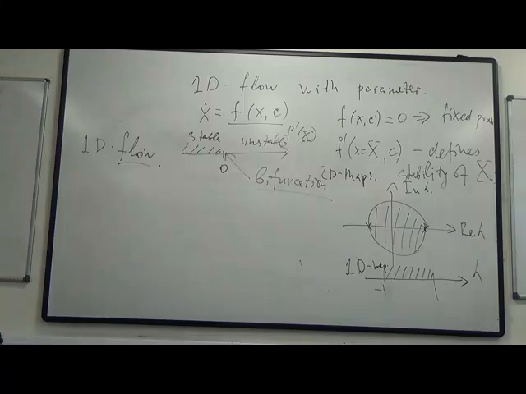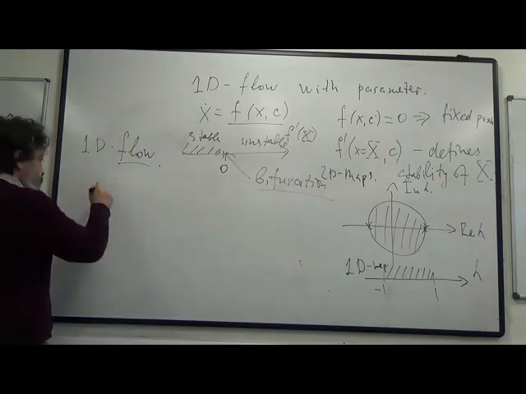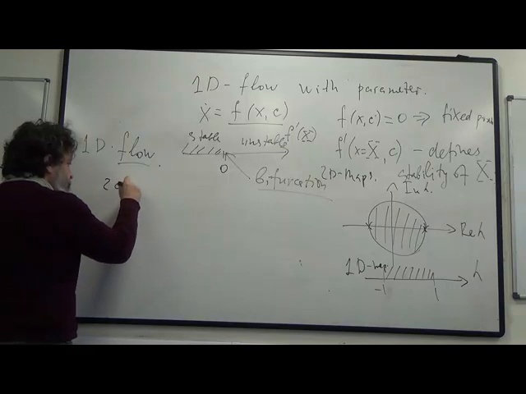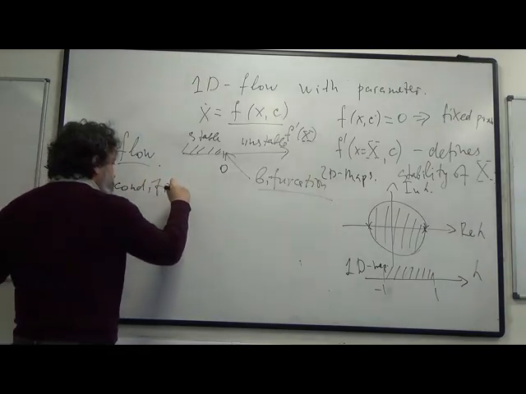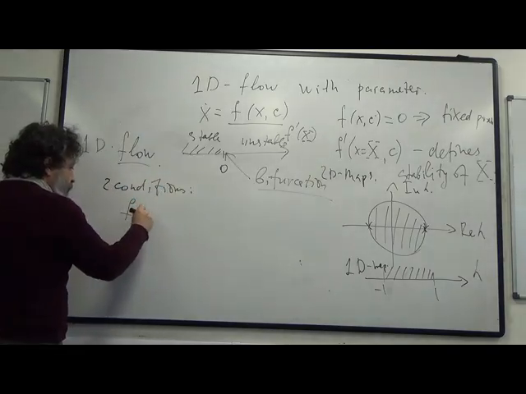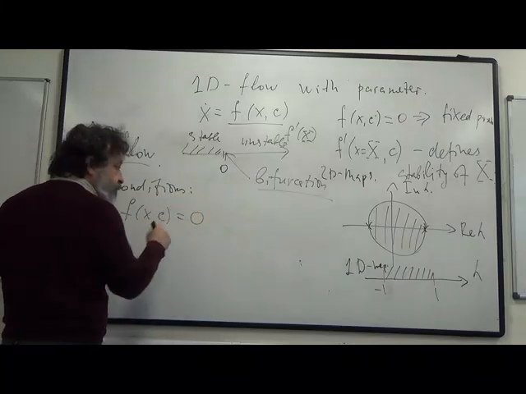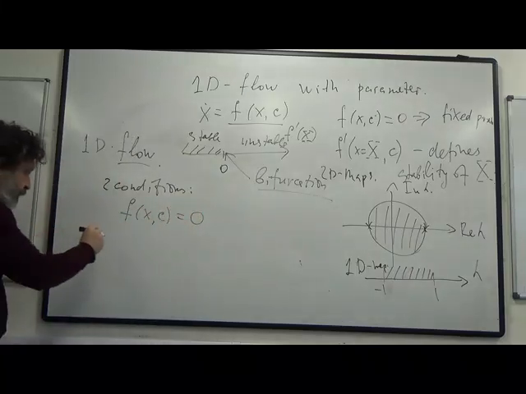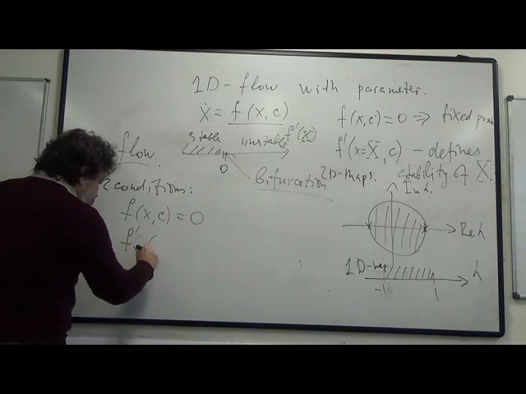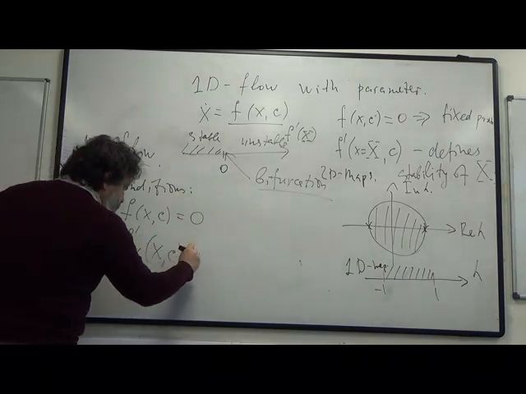And from here we can already conclude how to find bifurcation points. I'm not talking about what kind of bifurcations we will have, but to find bifurcation points there are two conditions: f of xc is 0, it is a fixed point, and the derivative of f over x at xc is 0.